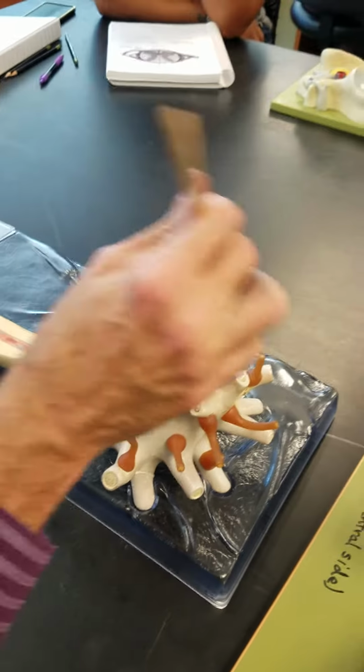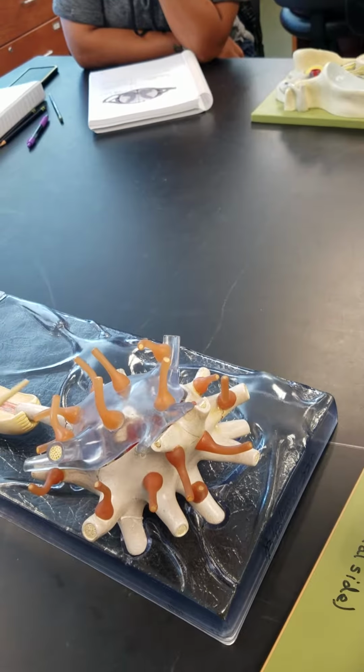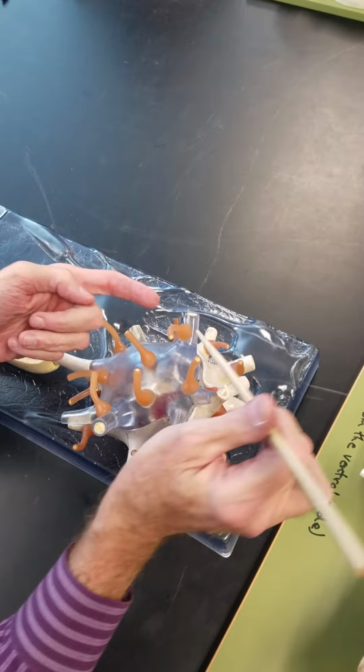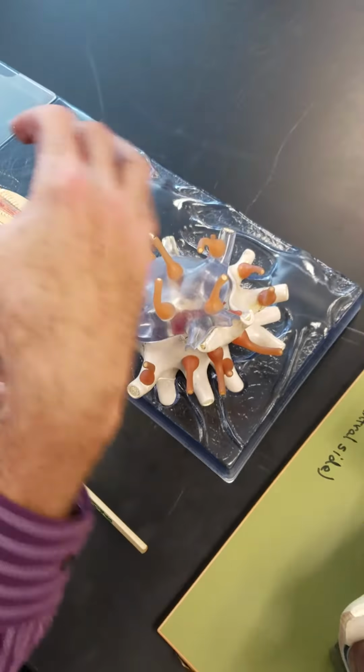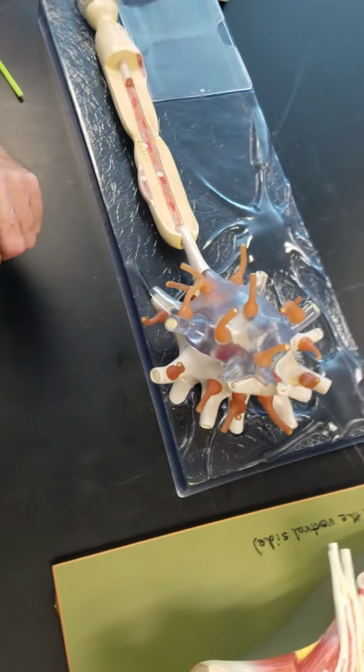So cell body, dendrite, axon terminal of a totally different neuron, teledendron of a totally different neuron. So there's another neuron coming in, leading to the neuron lying on the board here.